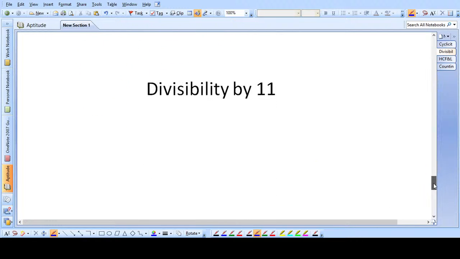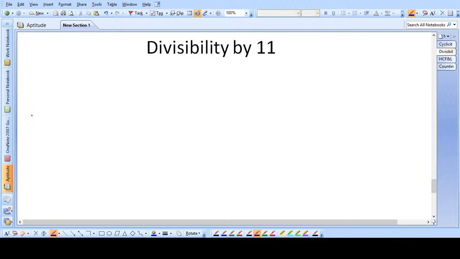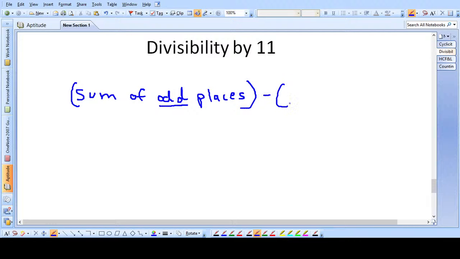Last is the divisibility by 11, which has been asked, so focus a little on this. First we have to take the sum of the digits which are in odd places, then subtract from it the sum of the digits which are in even places.